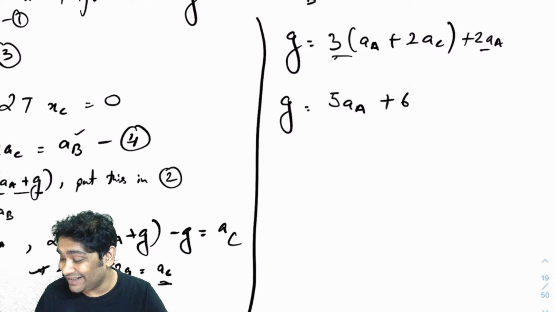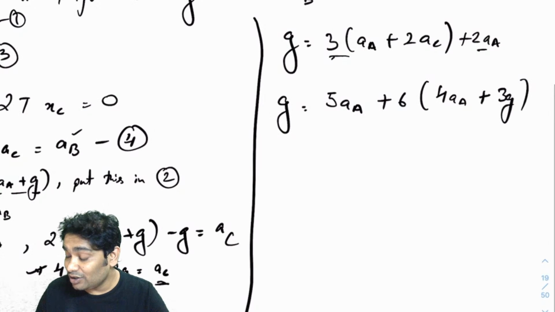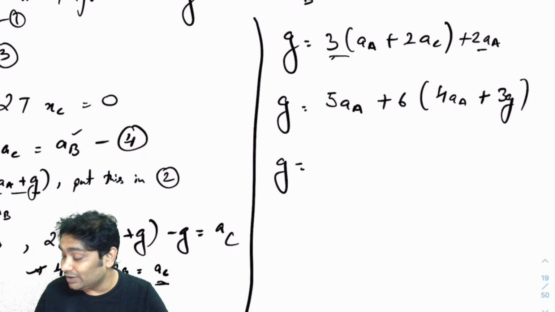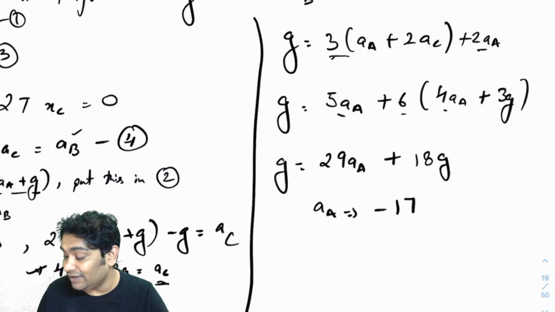So then I am getting this equals 3A_A plus 2A_A, that is 5A_A, plus 6 times A_C, which becomes 4A_A plus 3g. All right. So now I am getting g equals, this would be 24 plus 5, 29 A_A plus 18g, or A_A equals minus 17 by 29 g.